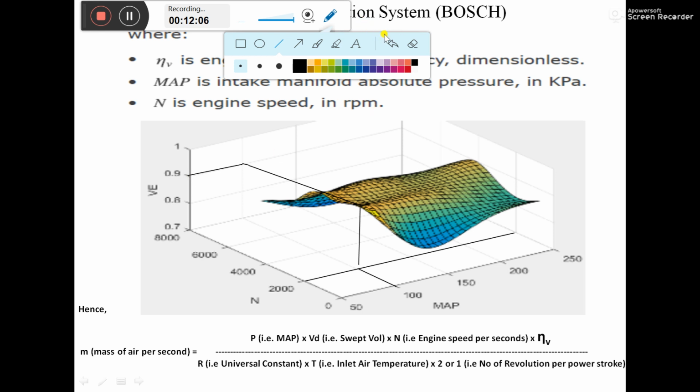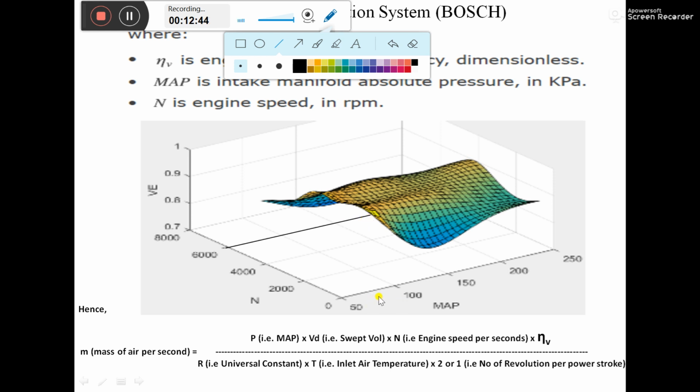Should we repeat it? Because we have faced many technical issues right now. So let's take another example. If we have an engine speed of 6000, then we go along this line. We end here only, or we can draw till this plane also, but we are just moving to this point.